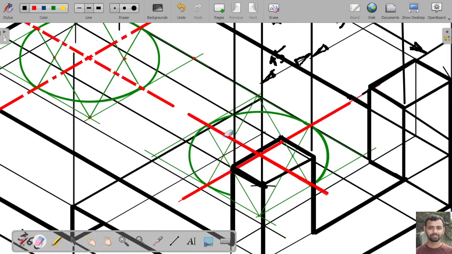Here also we will make this line a center line. Okay.